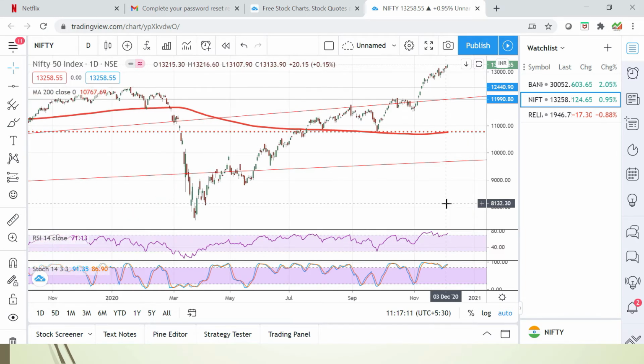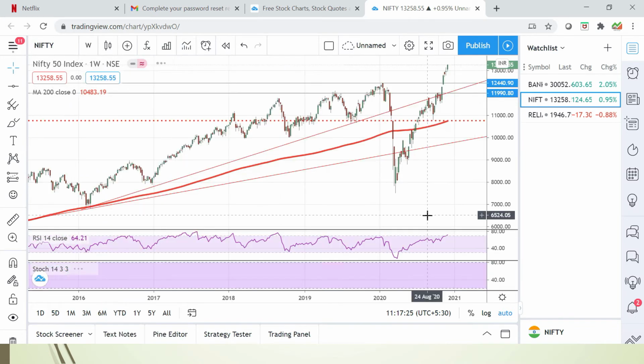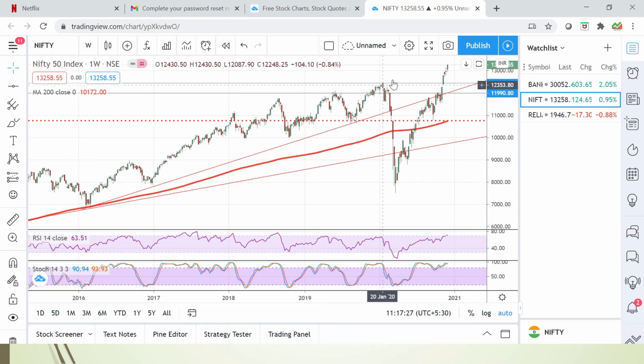So how do we conclude this analysis of Nifty? Nifty is uptrending. It is trading at all-time highs, crossed the previous high, and is now comfortably placed above it.